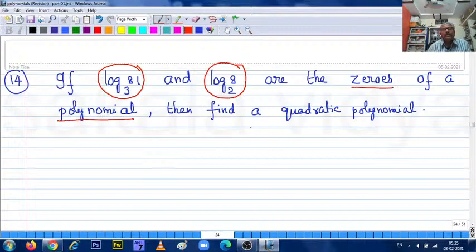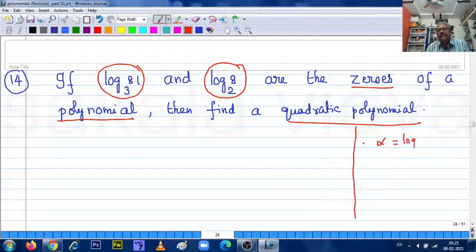Or this question may be like this: form a quadratic equation whose zeros are log 81 to the base 3 and log 8 to the base 2. First of all, let us say alpha is equal to log 81 to the base 3. First, we need to find the log 81 to the base 3 value.